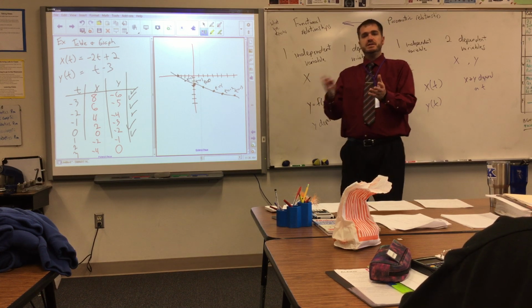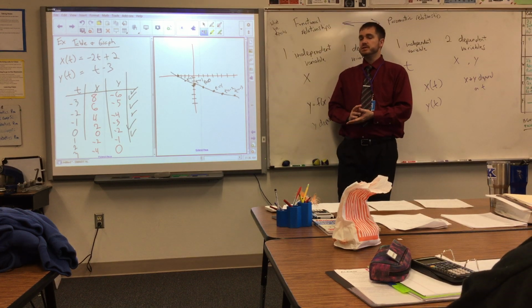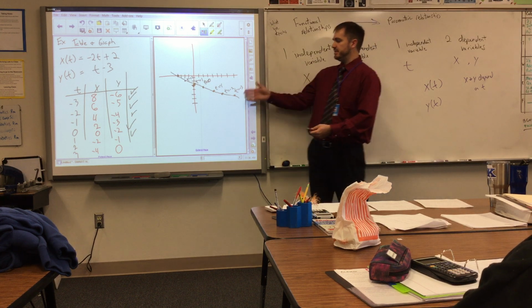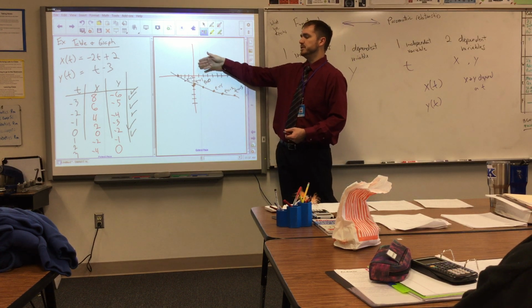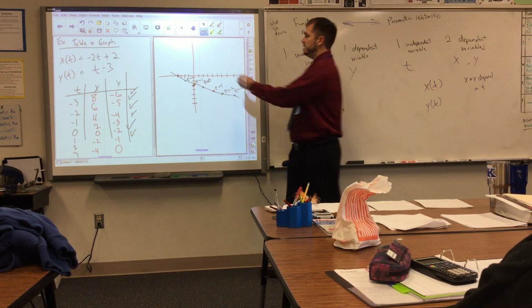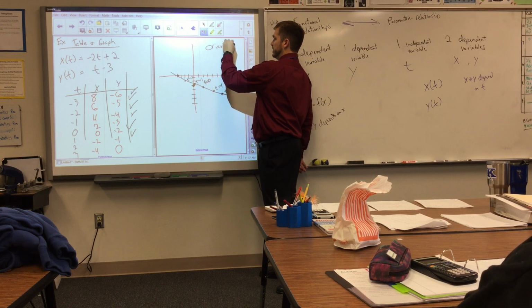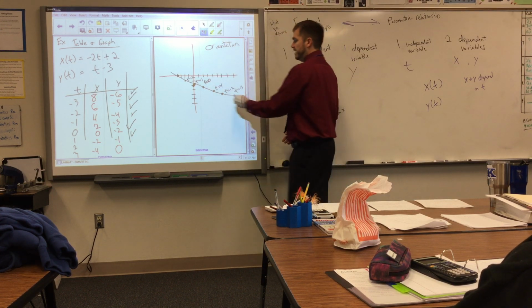But there's something different about this and a normal y equals mx plus b situation. And that is that we have some extra information. We've got this t value going from -3 to -2 to -1 to 0, 1, 2, 3. We actually have an orientation on this line. Maybe you could think of it almost like a direction when it comes to vectors.